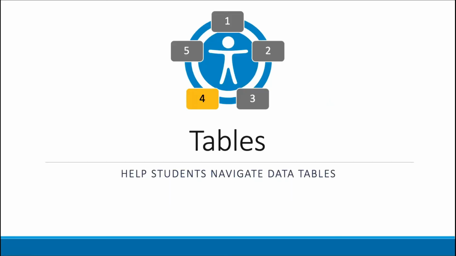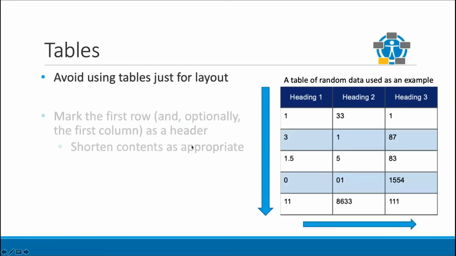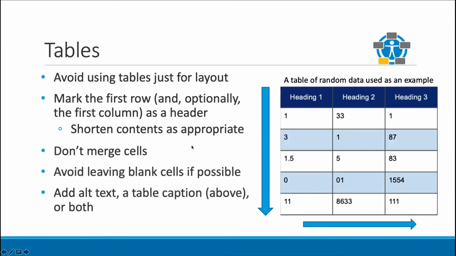And then tables. So there are a couple different schools of thought when it comes to tables in design. A lot of people will tell you just don't use tables at all. And that is certainly a very simple and easy to follow rule of getting rid of all your tables. However, there are ways that you can make tables more accessible and also still use them.